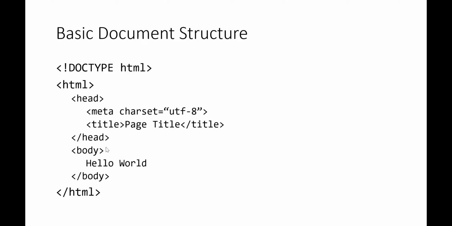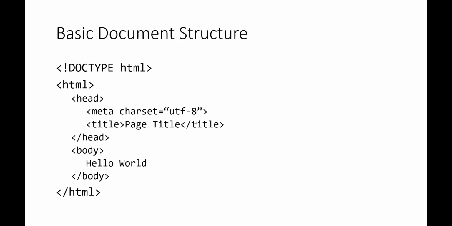So within the head, you can see two tags, meta and title. The meta element is usually used to provide metadata. In this particular case, we are going to specify what we call the character encoding. That means what kind of letters, numbers, and symbols are possible.